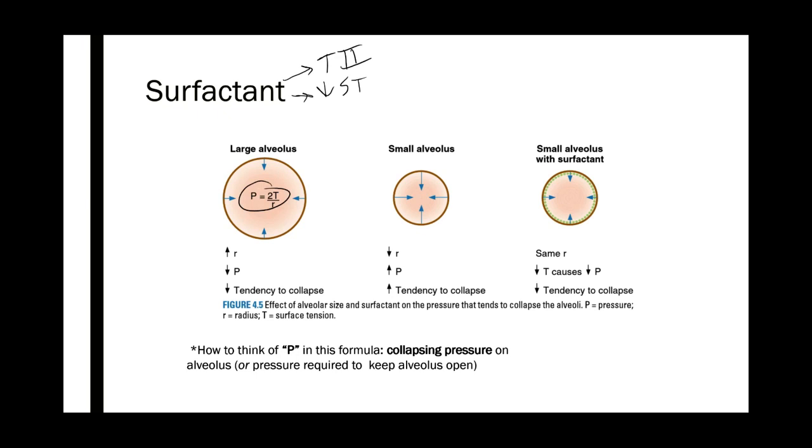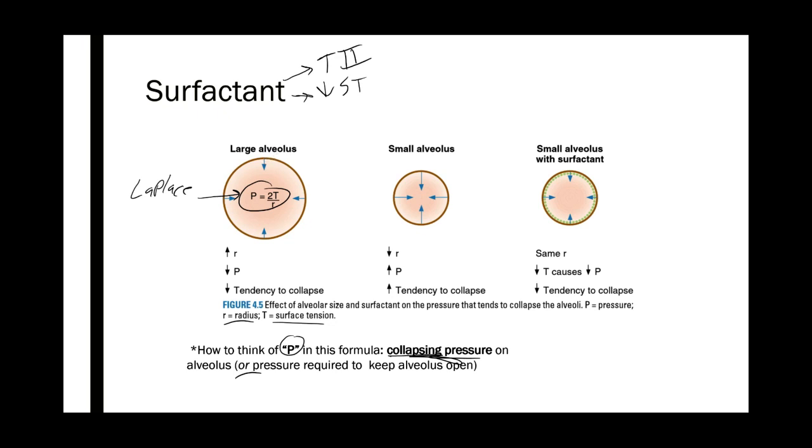This equation here you'll also see called the law of Laplace: pressure equals 2T over R. T in this case is the surface tension and R is the radius. And this is a really important concept, how to think of the pressure, the P. This is a collapsing pressure. So think of it as a pressure that wants to make the alveoli collapse, or the pressure required to keep the alveolus open.